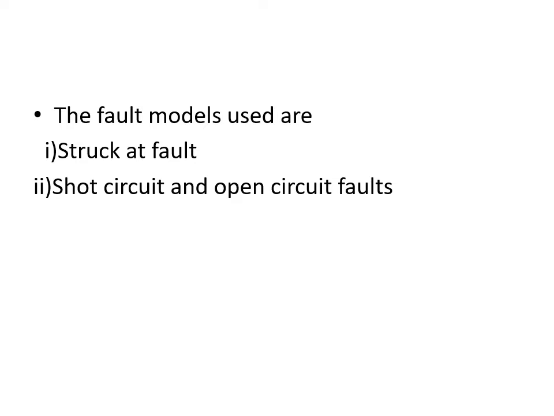Usually that affects the timing of a circuit, which may cause hazards or lead to performance degradation. Here, in the case of fault models, we'll be discussing two types: stuck-at faults, and short circuit and open circuit faults.